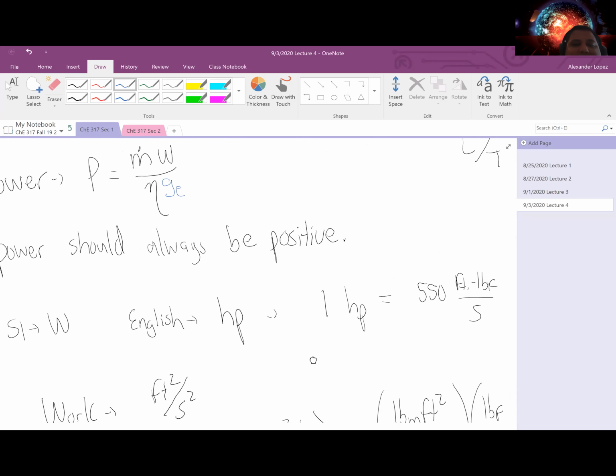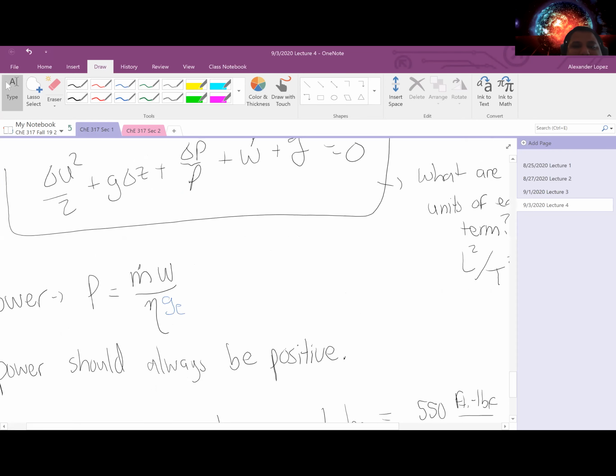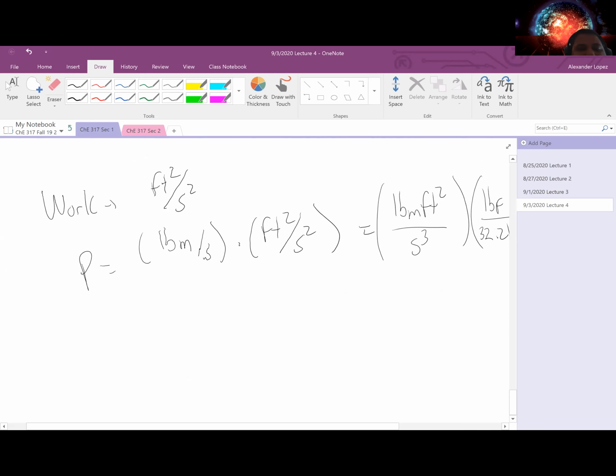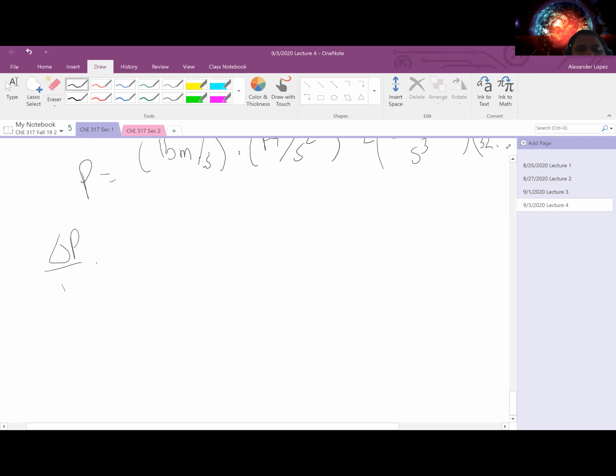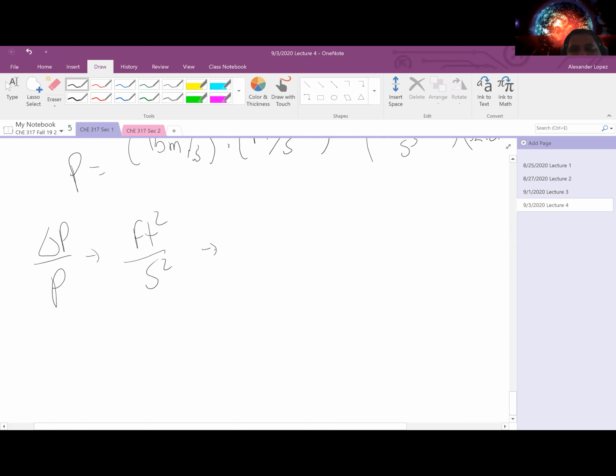Also, since we're on the topic of unit conversions, our delta P over rho term should come out to length squared over time squared, which means in English we should have foot squared per second squared. But if we're in English units, a lot of times our pressure is going to be in PSI. So what we're going to have is a pound force per inch squared over a pound mass per cubic foot, which doesn't really play well together.